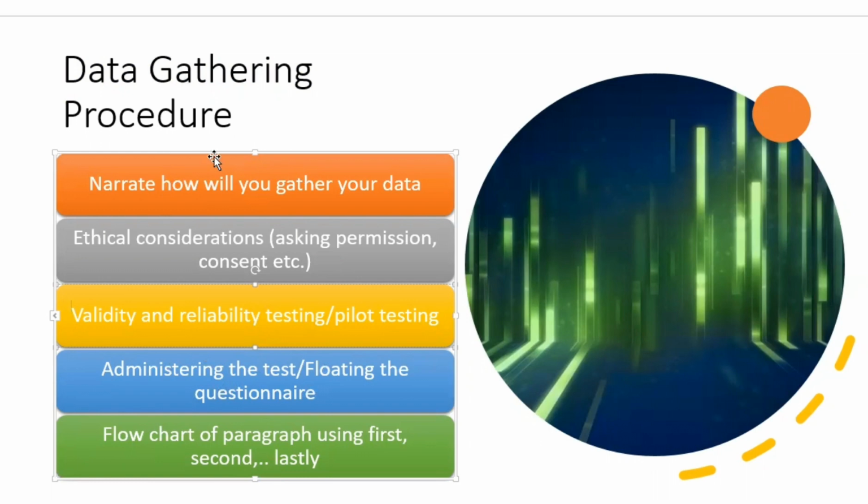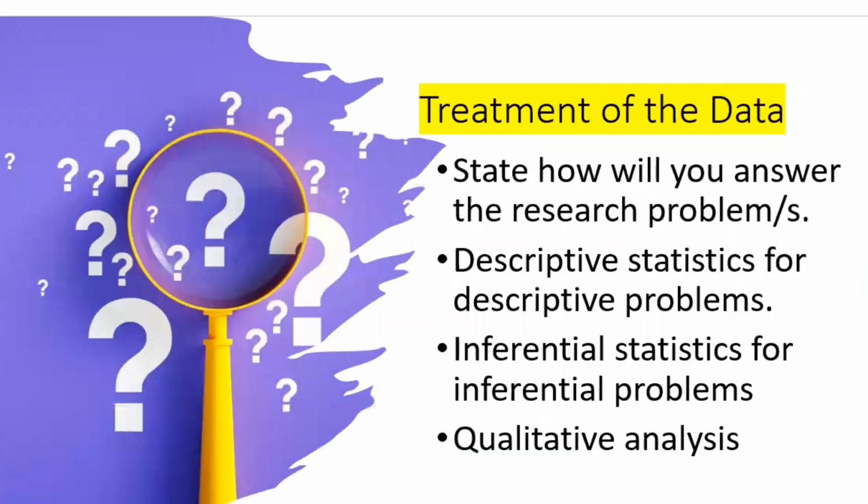So in data gathering procedure, see to it that in having a narration within the parts of the research methodology, malinaw mong nailahad, paano mo nakolekta ang mga datos na iyon, at ano ang mga ethical na consideration na ginawa ng mananaliksik para maka-come up ng isang valid at reliable na data na magiging makabuluhan sa research findings niya, maging sa conclusion at recommendation. Okay.